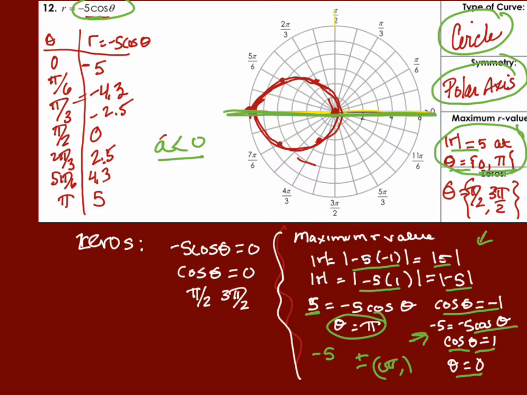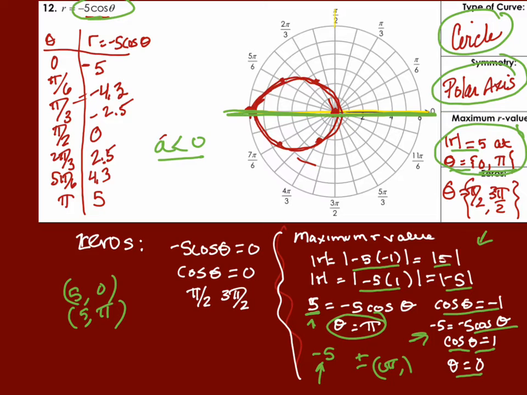So I know that I have (5, 0) as one point and (5, pi) as another point. I'm sorry, the backwards one was -5, right? Let me try to explain this. We have 5 and -5. One time it equals -5 and one time it equals 5.